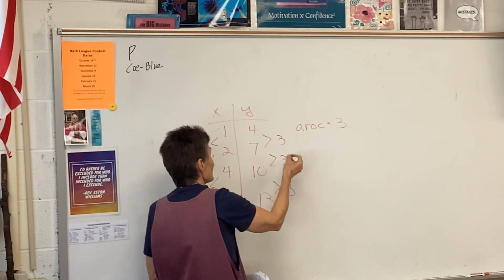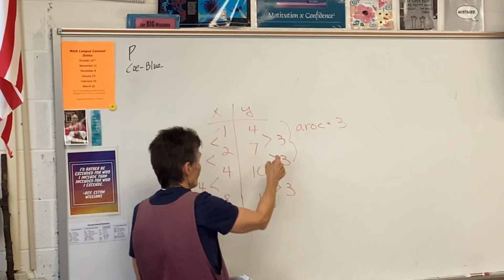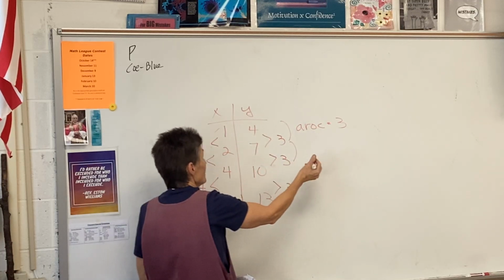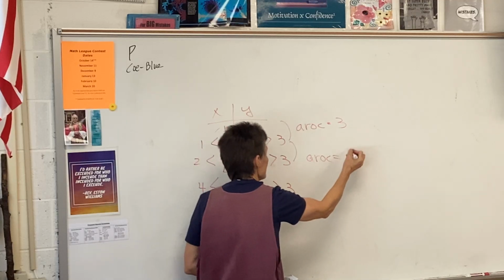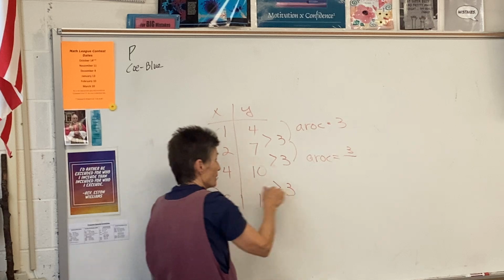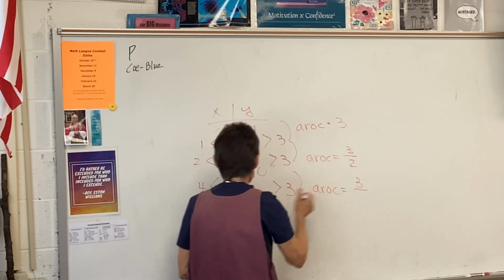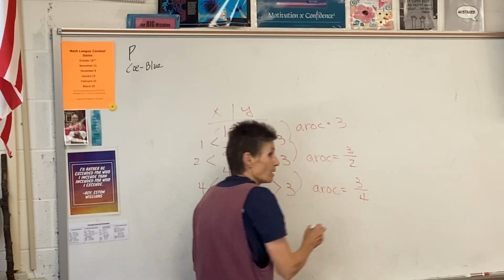But what about here? So that's the first 2. What about these 2? What's your average rate of change here? Well, it would still be 3, but now it's over 2. And here, your average rate of change is 3 over 4.